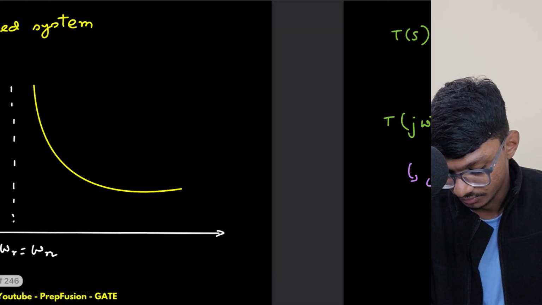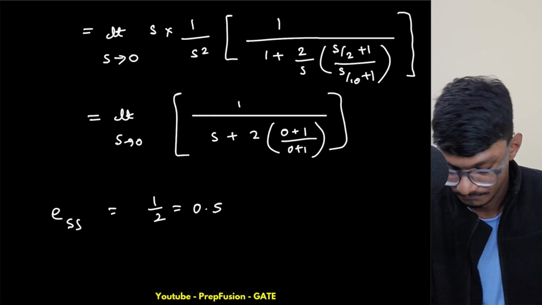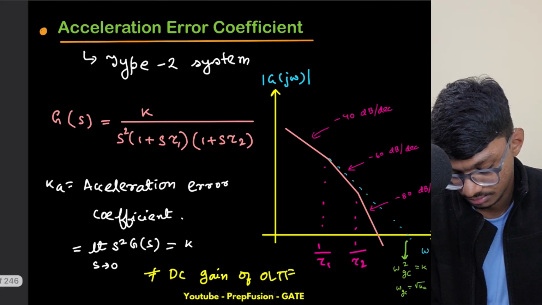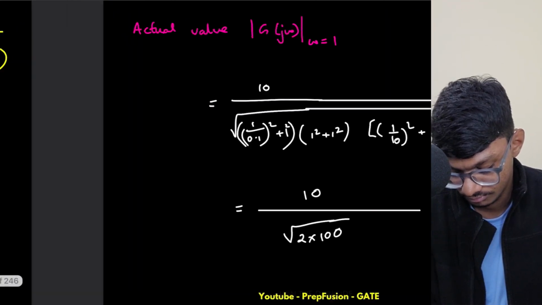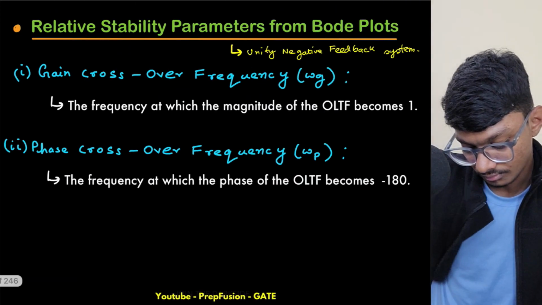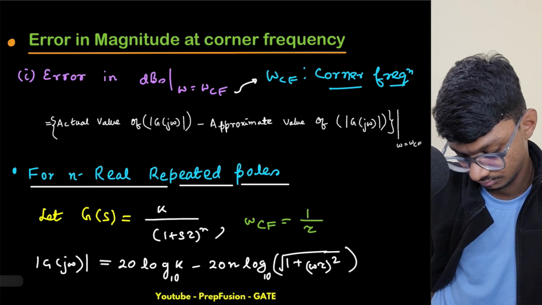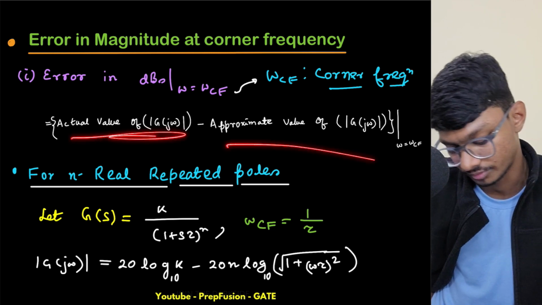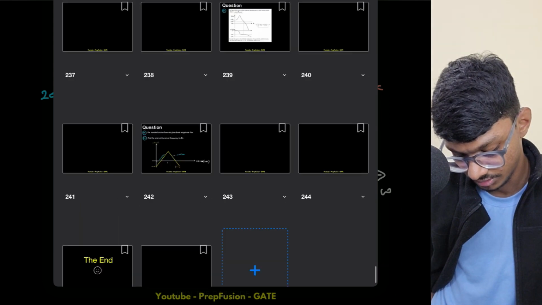Let's see the previous where I was defining my error. Was there something wrong? Yeah, here actual minus approximate, so I was correct. Okay, so it is actual minus approximate.